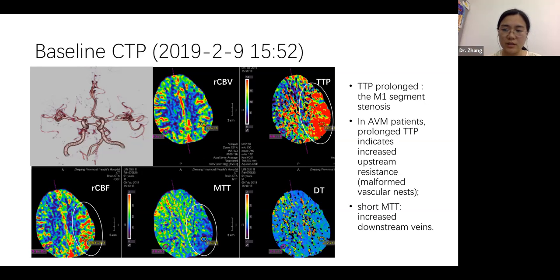But for this patient, he has no AVM. So we think it probably reflects something about the venous outflow status.